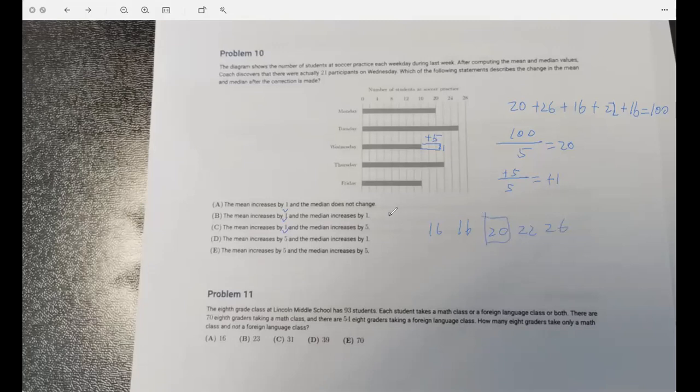This is the original one. The new one should be 20, 21, 22, and 26, right? The median is what? This is the median. The median was changed from 20 to 21. This also increased by 1. Okay, so the right answer is B.